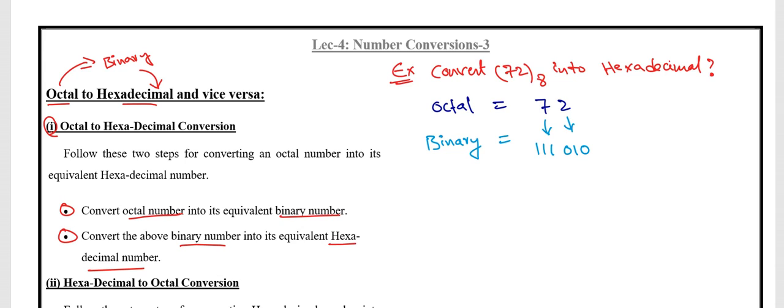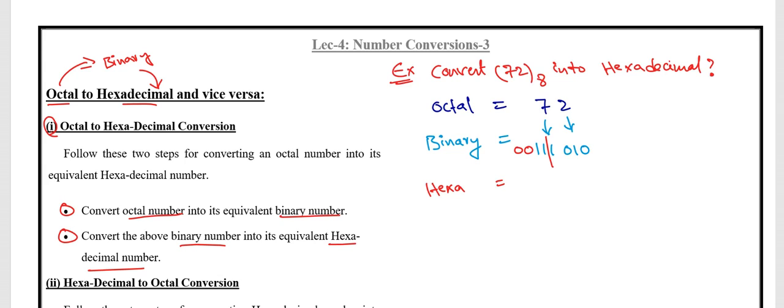In the second step, this binary number is converted into a hexadecimal number by partitioning the entire binary number into 4 bits each. So this is my first partition, 4 bits. In the second partition, there are only 2 bits. So in order to make it a 4-bit partition, add 2 zeros.